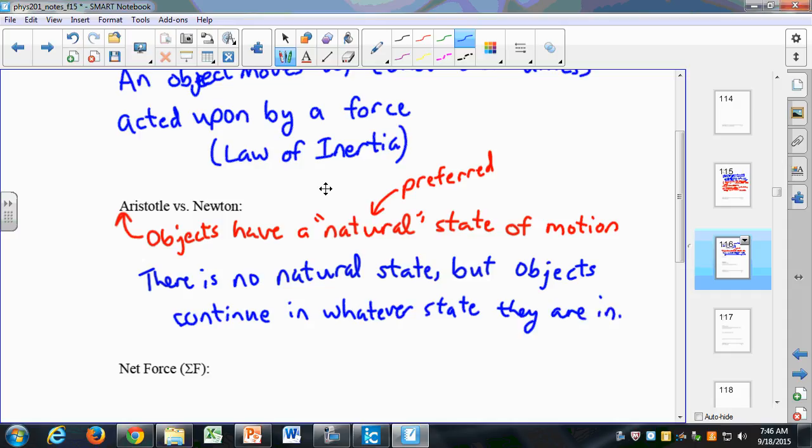So if they're moving, they'll continue moving. If they're stationary, they'll continue to be stationary unless something acts to change that state. So Newton would say an object that's moving will continue moving forever unless you do something to change the state of that motion.